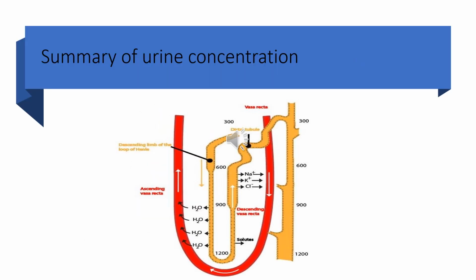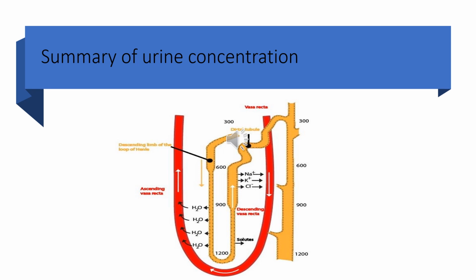So when we look into the whole process of urine concentration, we can see that the glomerular filtrate, when it passes through the different segments of the renal tubules, undergoes various changes in its osmolarity. In the Bowman's capsule where the glomerular filtrate is formed, it has the same composition as that of plasma except for proteins.